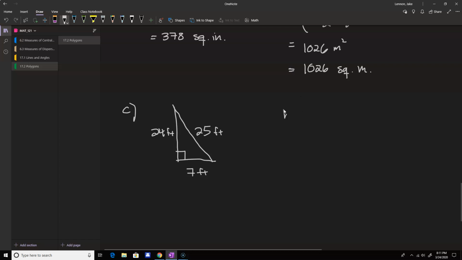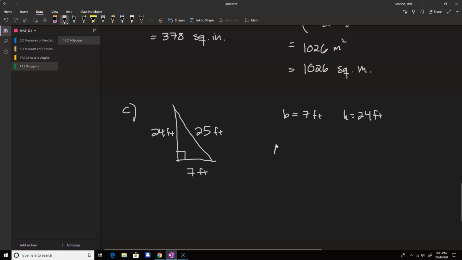So in this example, our base is equal to 7 feet, and our height is equal to 24 feet. The side length opposite the right angle, 25, is known as the hypotenuse. And we'll talk about that more when we get into the Pythagorean theorem.